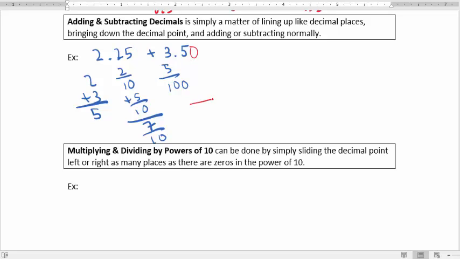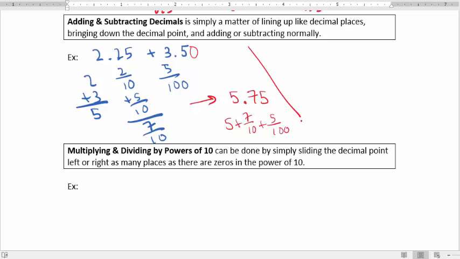So then if I add these things together, what do I get? I get 5 and 7 tenths and 5 hundredths, because you can think of this number as being 5 plus 7 tenths plus 5 hundredths, right?